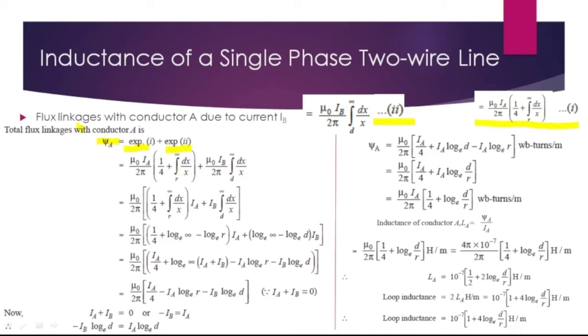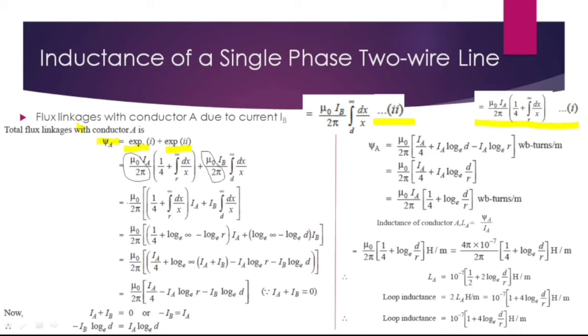In these two we are having a common term, that is nu naught by 2 pi. I am taking this term as common.